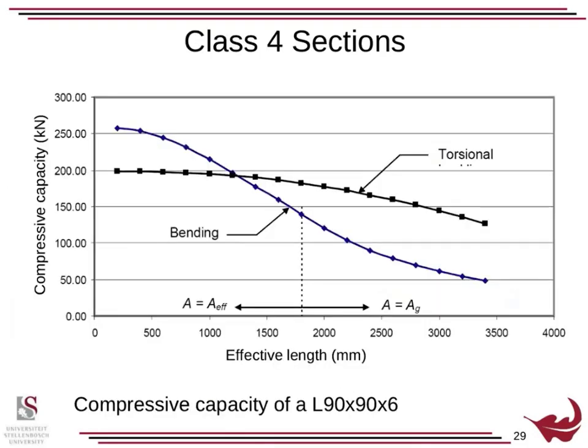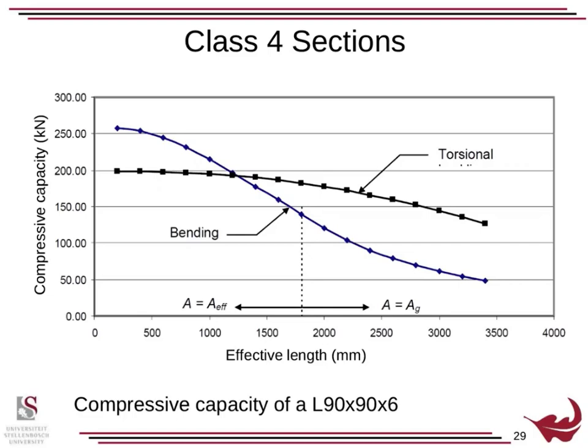So now moving on to sections. This is just a quick wrap up on class 4 sections when it comes to the effective length and the effective length influence on sections, because we've been discussing class 4 previously. If you've got a section and it is long and slender, what will happen is global buckling will happen first.